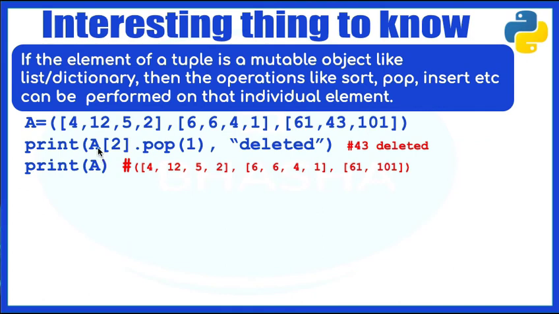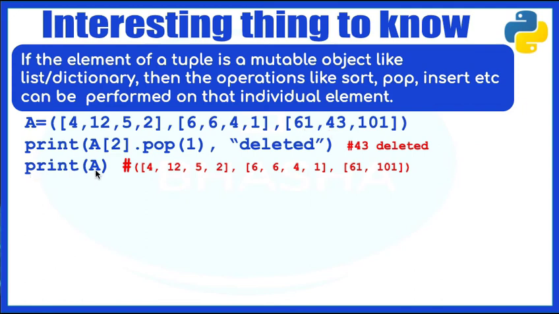So let's take an example. If I'm going to A2, what is A2? Index 0, 1, 2. So I'm going to this place, 61, 43, 101, and from there I want to pop 1. Pop 1 means I want to delete 43. This is allowed. Why is it allowed? Because here I'm directly talking about the list, and that list being a part of A is fine.